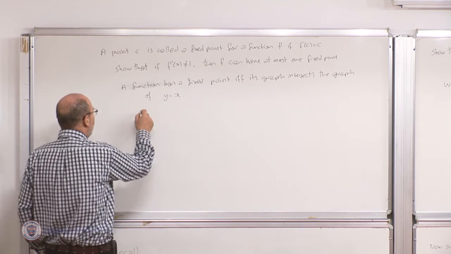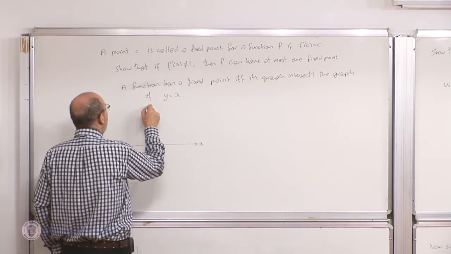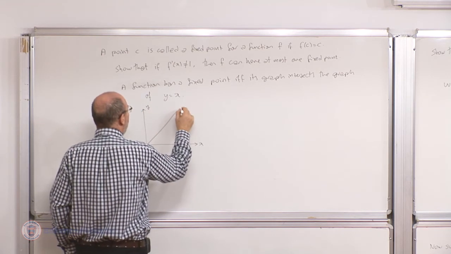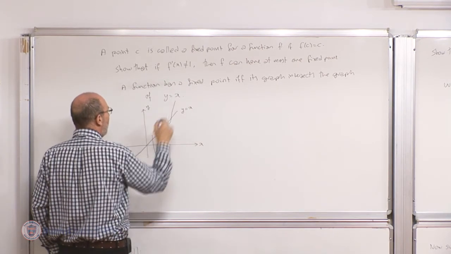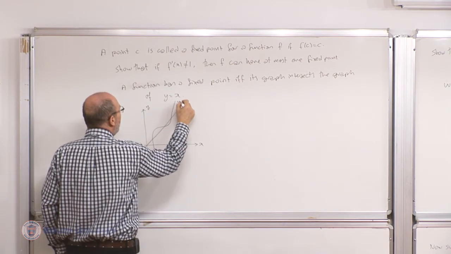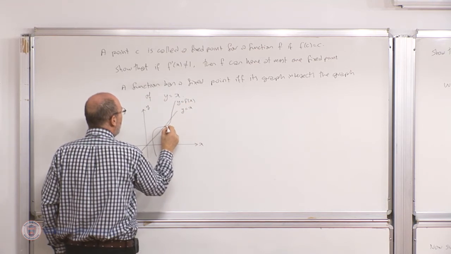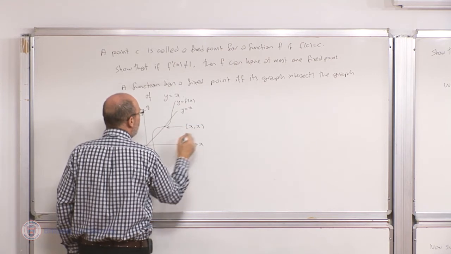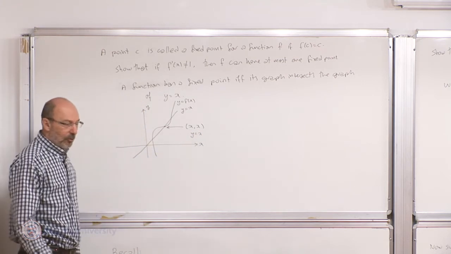If this is our usual coordinate system, this is the test line y equals x. Suppose we have a function like this, y equals f of x. Take any point here. This point has the coordinate x, since it is on the line y equals x.